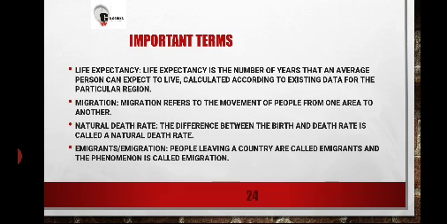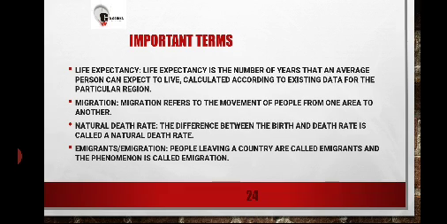Life expectancy means the number of years an average person can expect to live. And it is calculated according to existing data for a particular region. Migration means movement of people from one place to another.